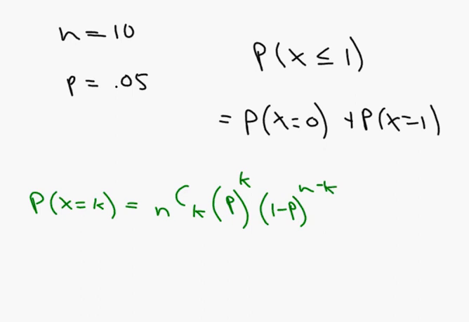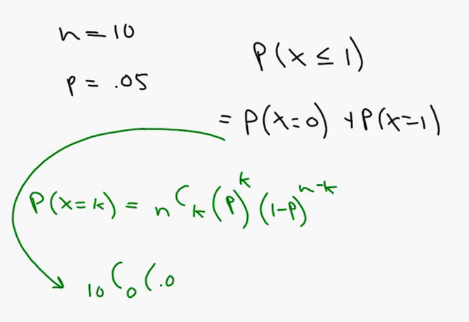So in our case, for that first problem, n is 10. We're buying 10 plants. We don't want any of them to die. The probability that one of them dies is 0.05. We don't want that to happen at all. And the probability that any one of them lives is 0.95, and we want that to happen 10 times. That's the first probability that you need to worry about.